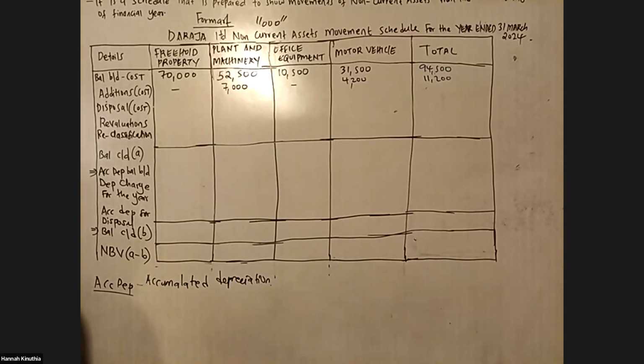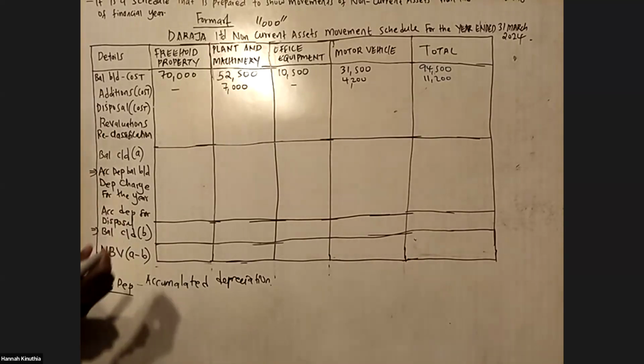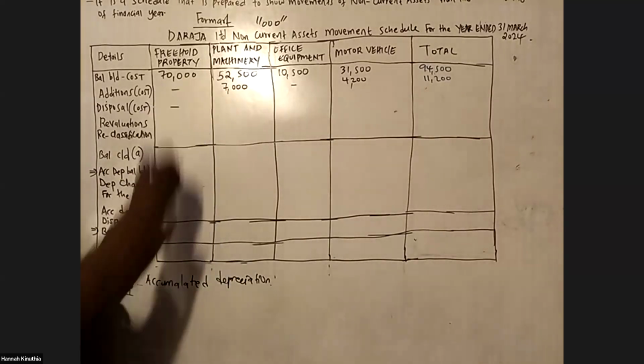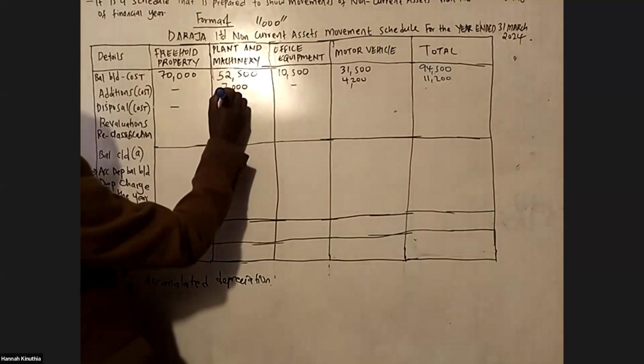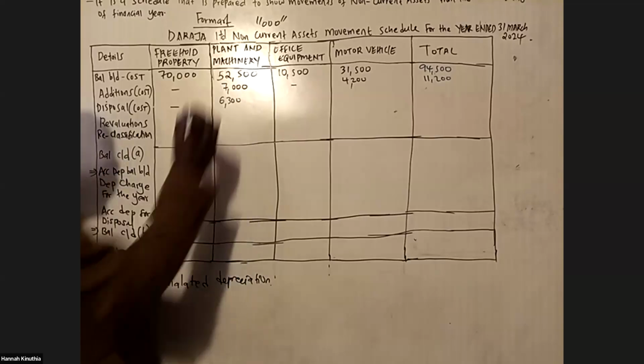The following assets were disposed during the year. Number 1, machinery. Now we take the cost. We don't have freehold, but I can see they disposed of machinery acquired on 1st April 2023 of 6,300. You take the cost, as I said.